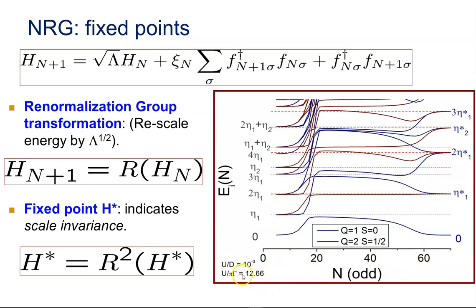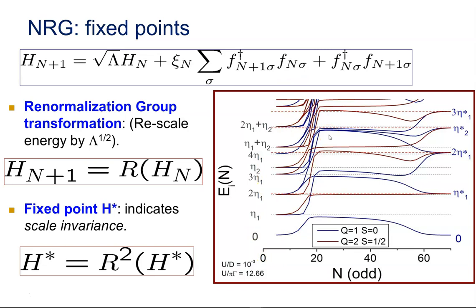These are U and U over gamma, the parameters that I have. So I'm at 60 sites with lambda here equal to 2 probably. So the energy scale that I'm studying here is 2 to the minus 60 relative to the Fermi energy. So very tiny energy scales. And if I look at the spectrum that I get from these Hamiltonians, all rescaled by energies, I notice there's a change.